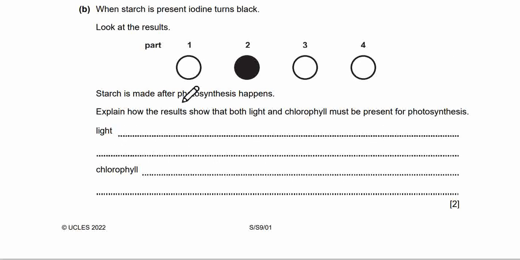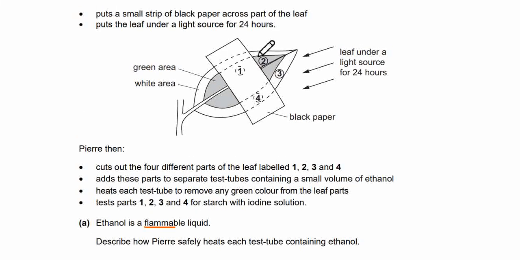We see that the test is positive for starch only in number 2, where there is a green area, so there's chlorophyll, and it is exposed to light. Numbers 1 and 4 are covered with black paper, which means they are not exposed to light. So that's why they don't have starch when tested.